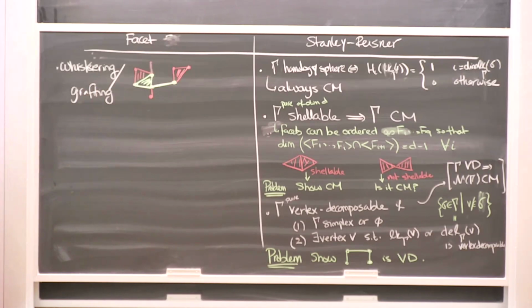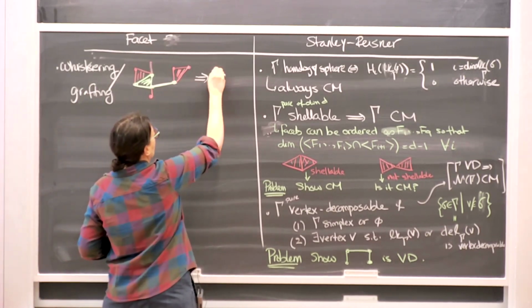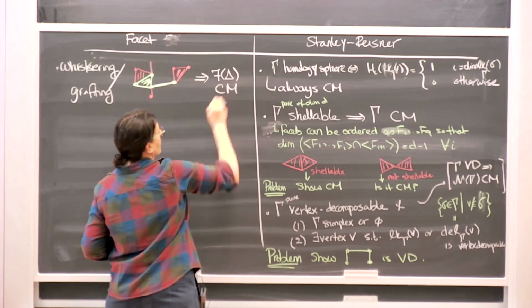So no matter how bad this is, by adding those facets or adding those leaves or adding those generators to your ideal, the result is always Cohen-Macaulay.